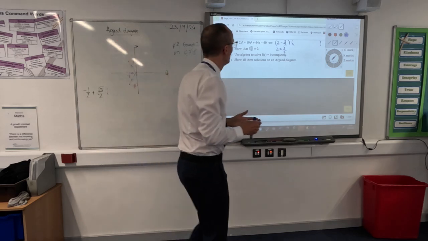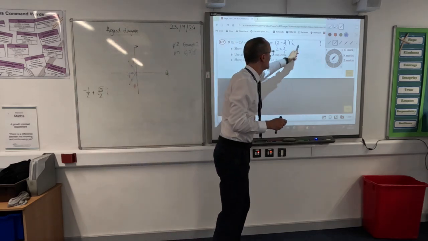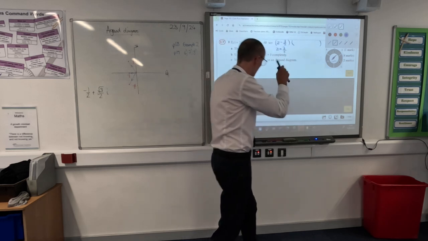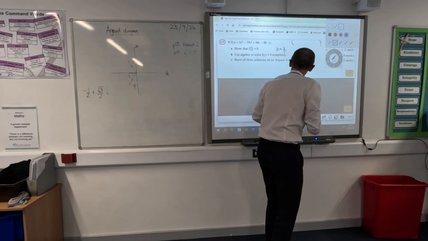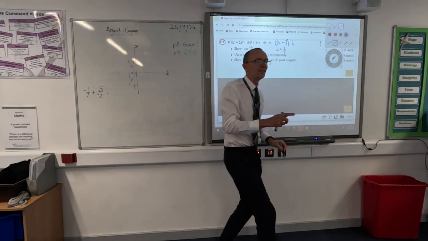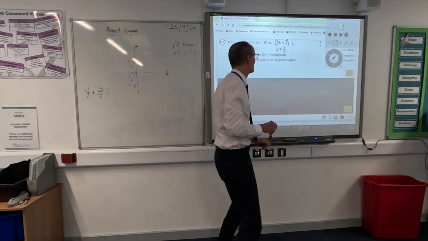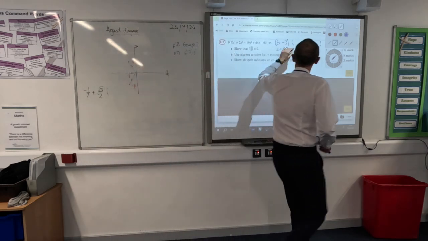If instead I recognise that I've got a 2z there, so one of these brackets is going to have a 2z in it, why not do just what Ben suggested? Is that not what he said? That's what he said. So go on, see if you can work out what goes here.